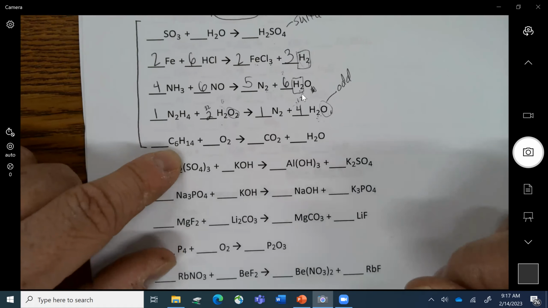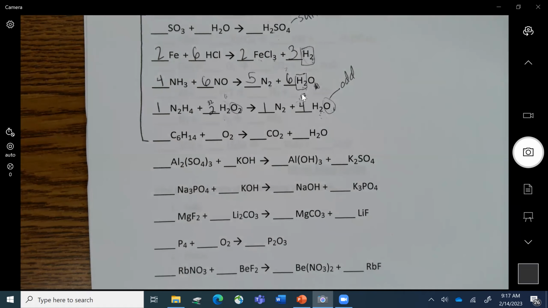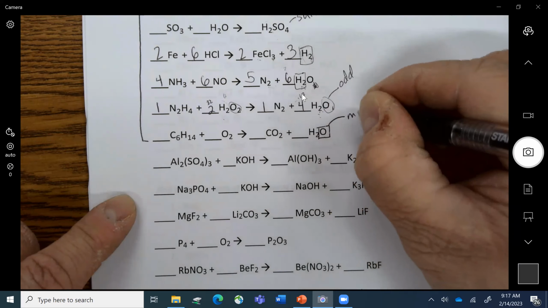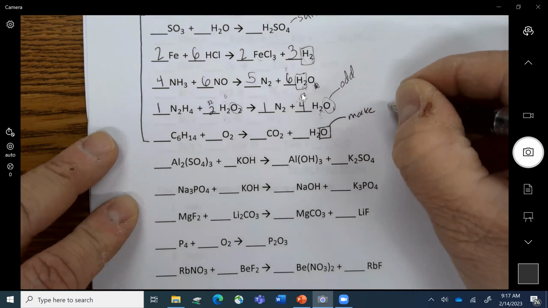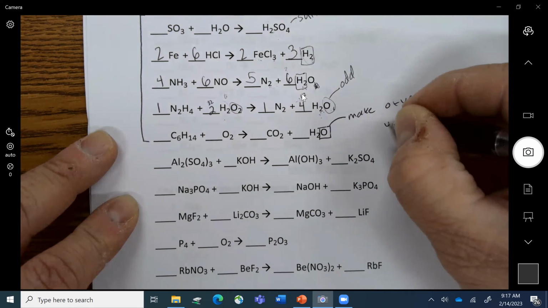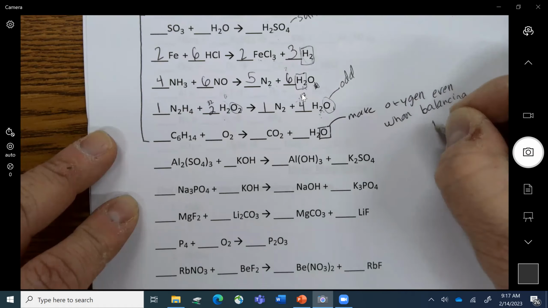There is a trick to these ones. Okay, these ones are pretty easy. This is a combustion reaction. It seems very daunting because it's very hard, big numbers, but the trick to these is straight up: you have to make oxygen even when balancing the hydrogens.